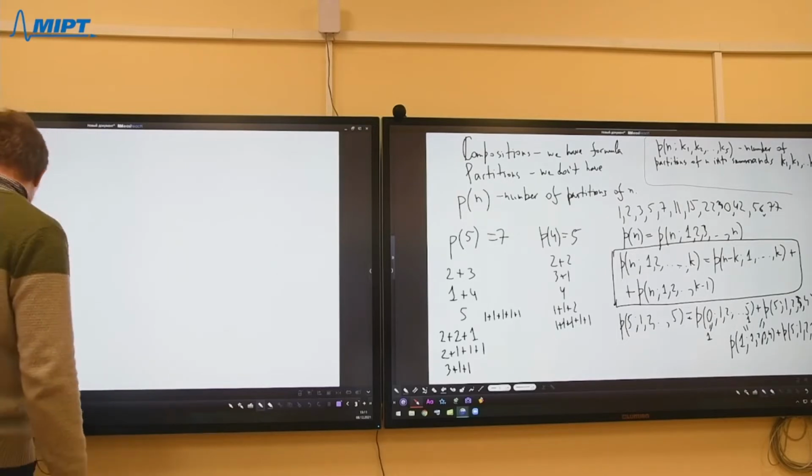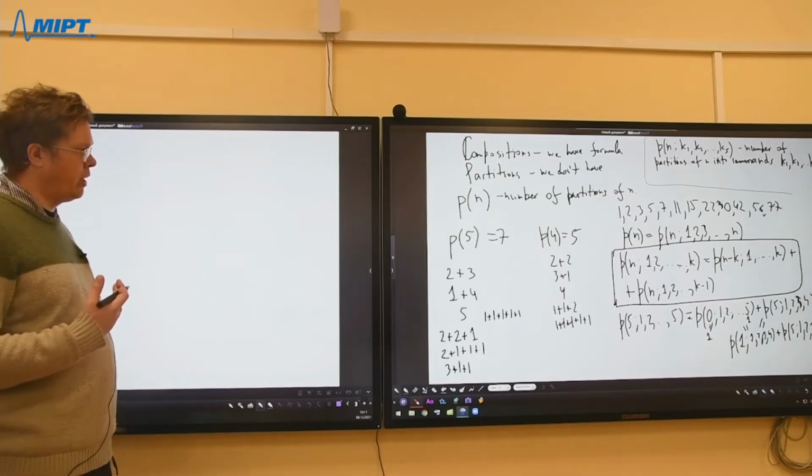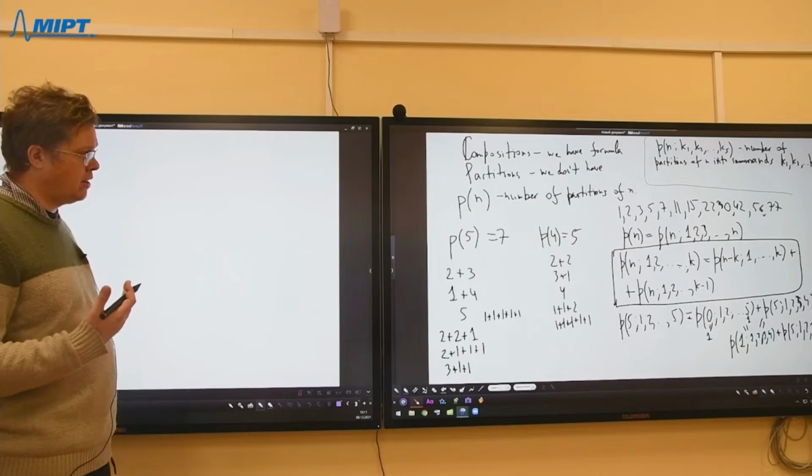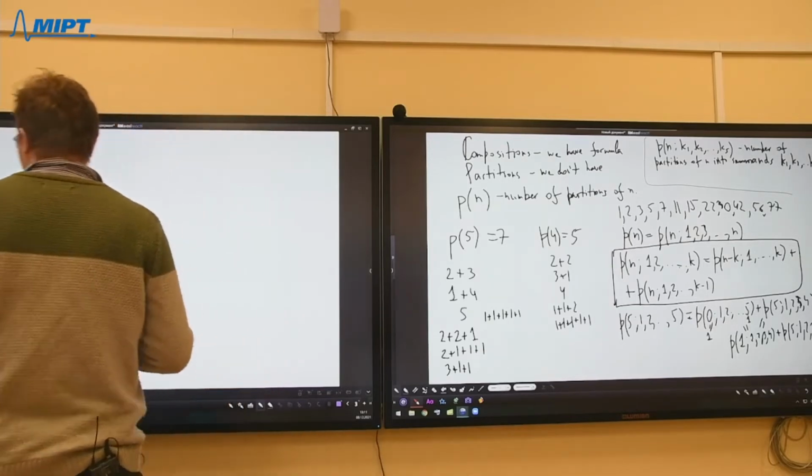So I will just make a statement and then we will discuss it and maybe make another technique to deal with partitions.